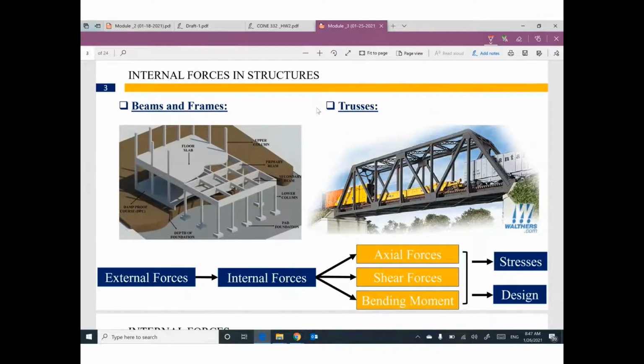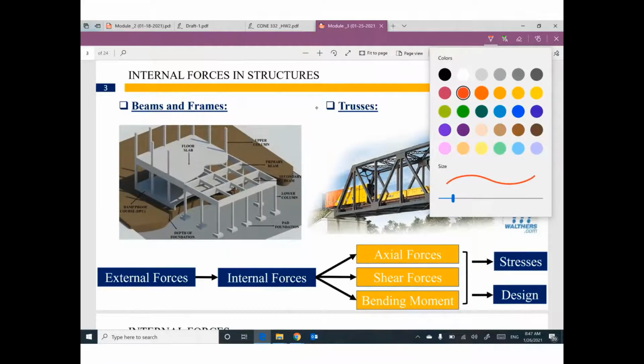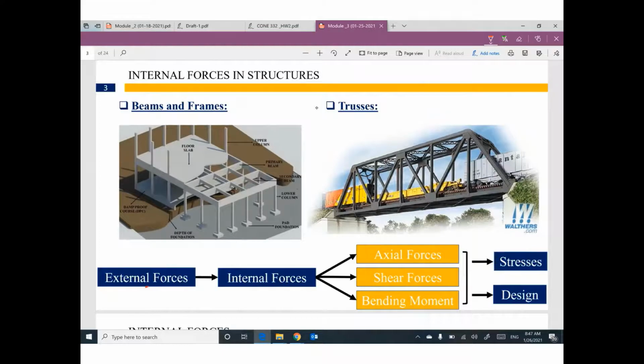We have different types of structures. We have external forces. These external forces will create internal forces. The internal forces can be axial force or shear force or bending moment.